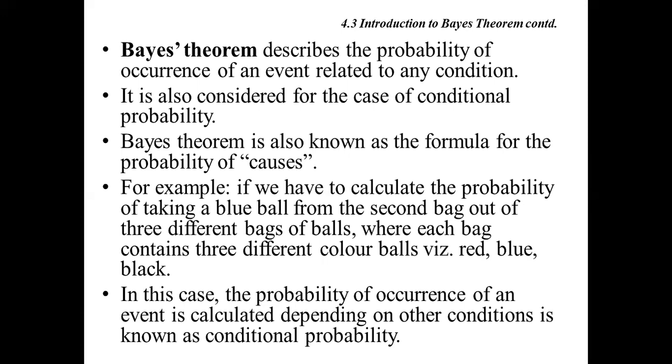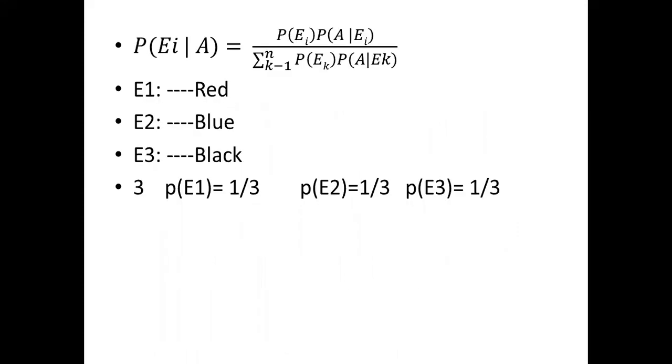So for this purpose, let us calculate as per the formula. Here A is that second bag I'm picking, and here I wanted to get the blue ball. This is my event.